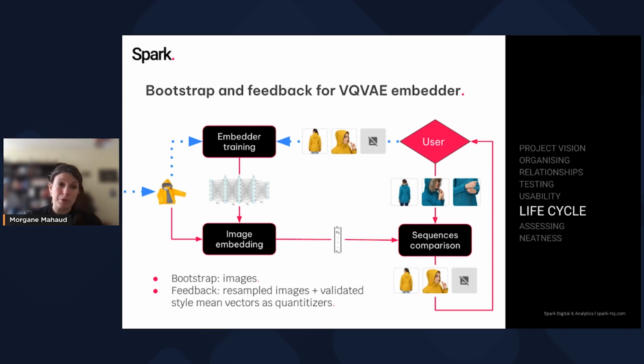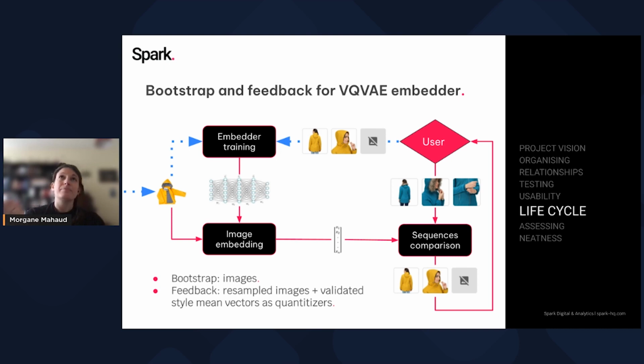And as I said, for Bootstrap, we made the choice of using some small models, badly trained, but better than random. And for feedback, how we coded that is: once the sequence has been given to the end user via the rest of the platform, this user was able to correct or validate the sequence, and by giving that feedback to the embedder, we can group the images together, first by making clusters, or we had VQ-VAE.